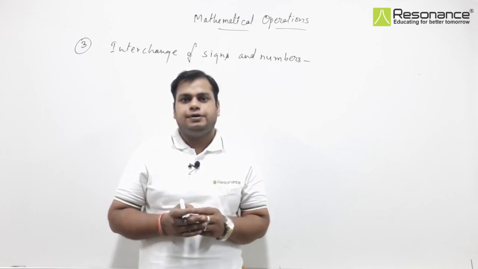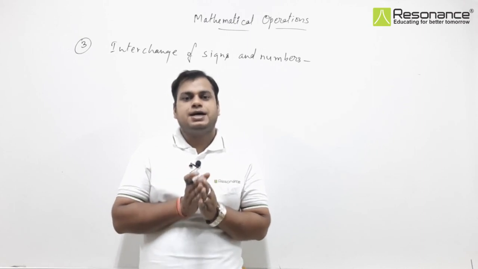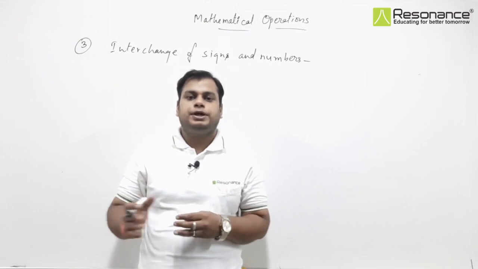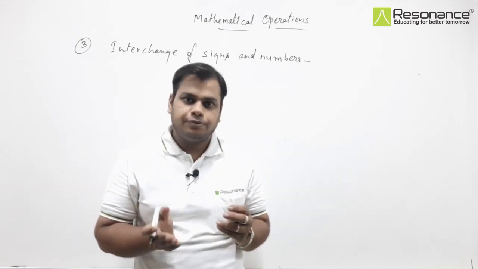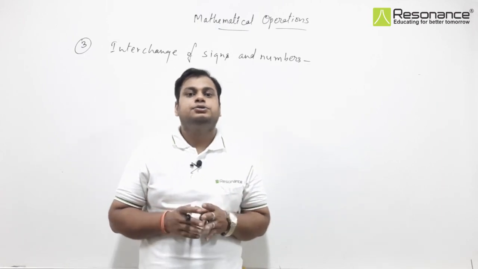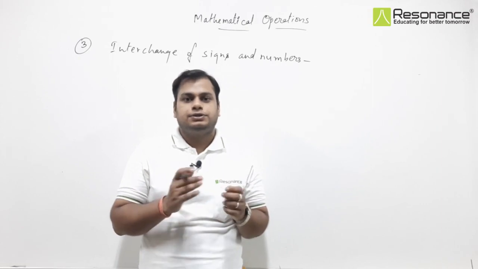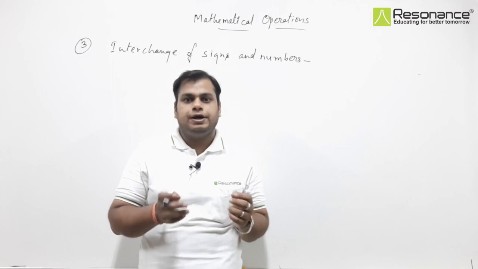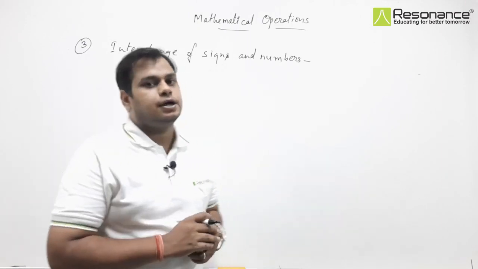That means we have some wrongly placed signs in the given equation. That's why the solution is not matched with the given equation. So we have to correct those misplaced signs. We have to interchange those signs and place them correctly. That is called interchange of signs and numbers.